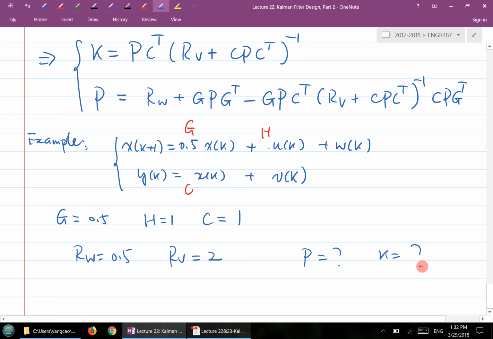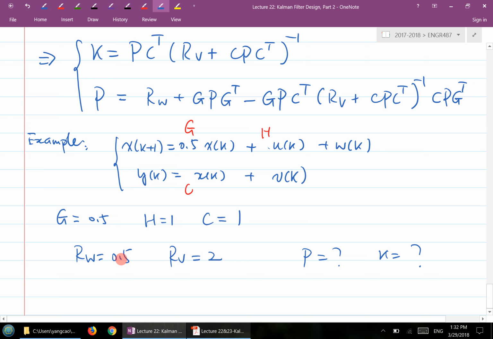Sometimes I do a trick in a question. It's a very simple trick. The question may give you a description: the process noise has a standard deviation of 2. Then what's R_W? Variance equals the square of the standard deviation.